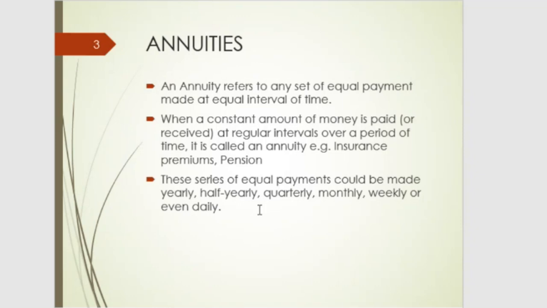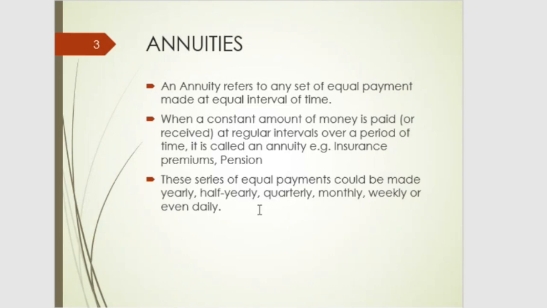When you talk about annuities, you can think of insurance, investments, pensions for those who work, and also provident funds. Those are referred to as annuities. This series of equal payments could be made yearly, half yearly, quarterly, monthly, weekly, or even daily, as we learned when we were presenting compound interest.